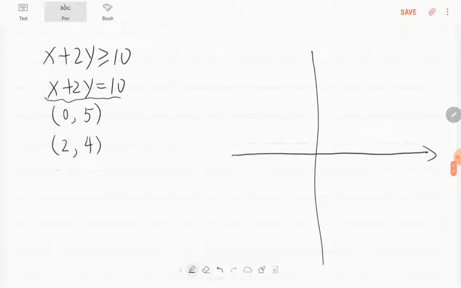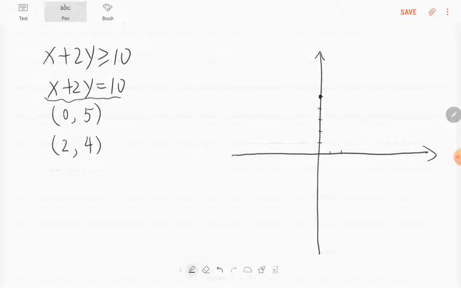Let's draw the graph. Okay. So this is 0, 5. So x equals 0, y equals 5. So this is 5. 1, 2, 3, 4, 5. Which is here. And x equals 2, y equals 4. 1, 2.